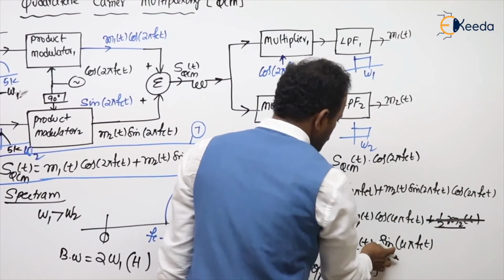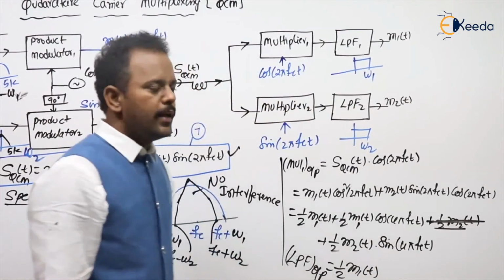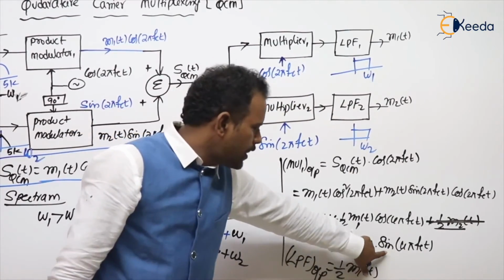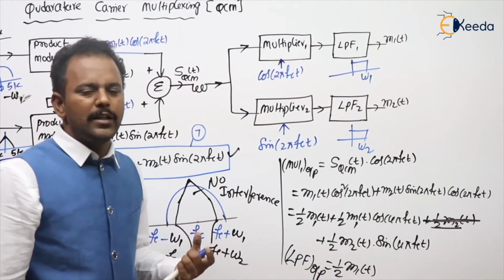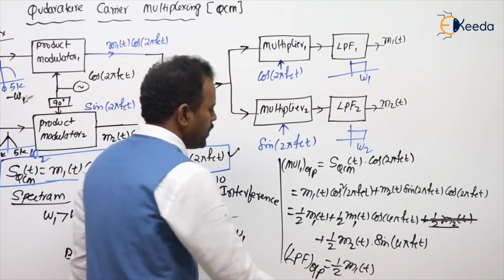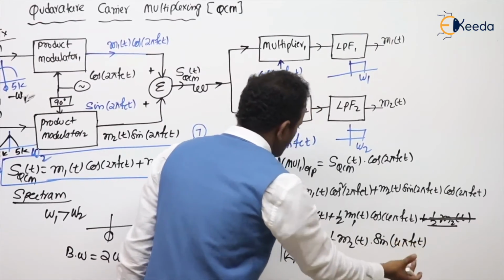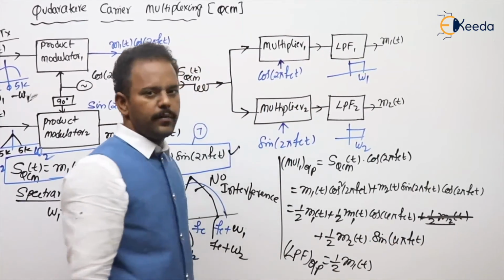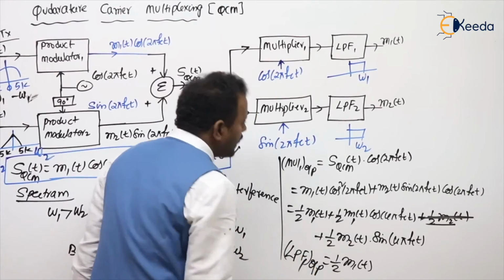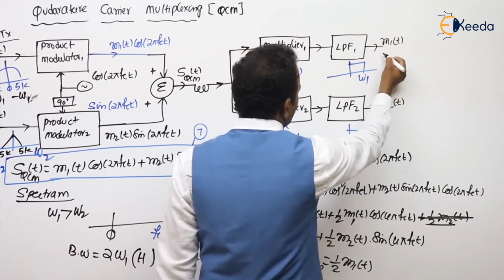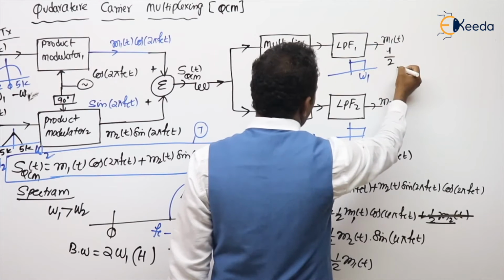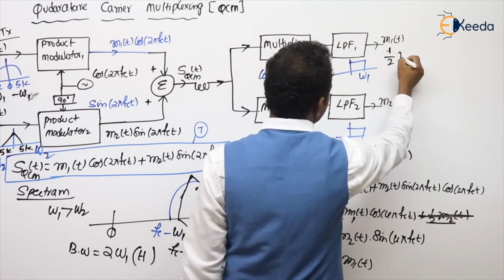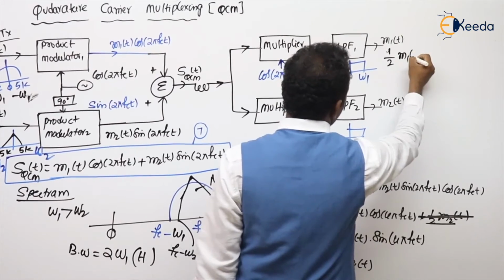Sin 2A, so 1 by 2 into this one. See the next term: m2 is multiplying with sin. Whether multiplying with cos or sin, the thing will be the same. This will be shifted to 2FC, a larger frequency, that is also blocked. So finally, the low pass filter 1 output is nothing but 1 by 2 into m1 of t.